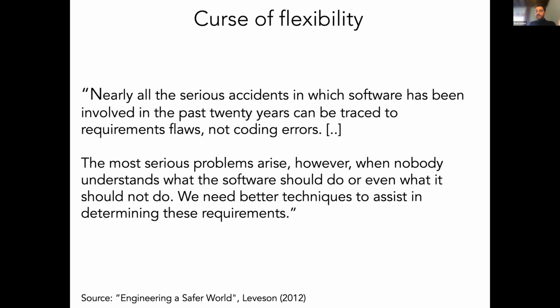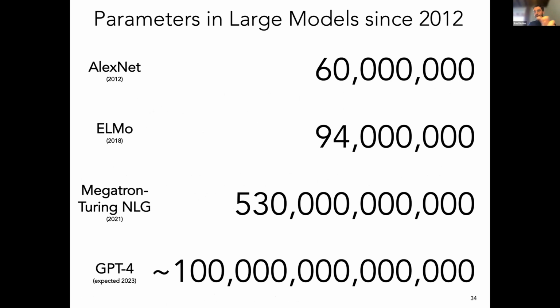Nearly all serious accidents in which safe software has been involved in the past 20 years can be traced to requirements flaws, not coding errors. The most serious problem arises, however, when nobody understands what the software should do or even what it should not do. And I think we're living in a time where systems are becoming much more complex. If we look at the largest models, in 2012, when Nancy Leveson wrote her book, we had 60 million parameters.